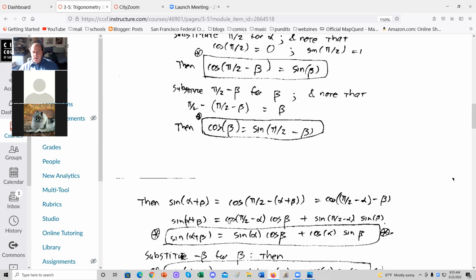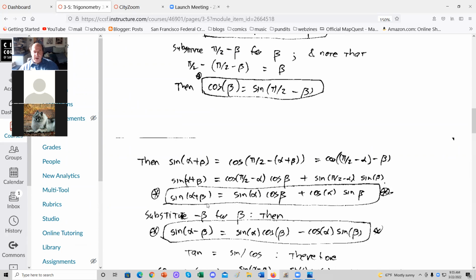That will therefore get you sine of alpha plus beta equals cosine of (pi halves minus alpha) cos beta plus sine of (pi halves minus alpha) sine beta. And then using the complementary law again, cosine of pi halves minus alpha is sine alpha, sine of pi halves minus alpha is cos alpha. So sine of alpha plus beta equals sine alpha cos beta plus cos alpha sine beta.